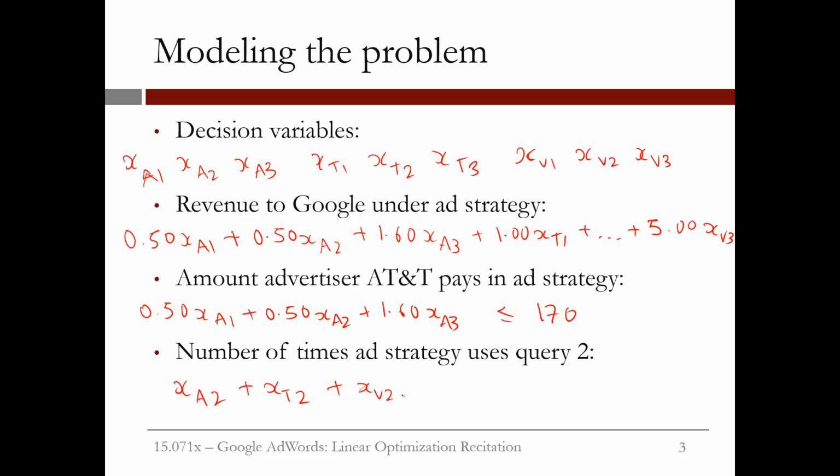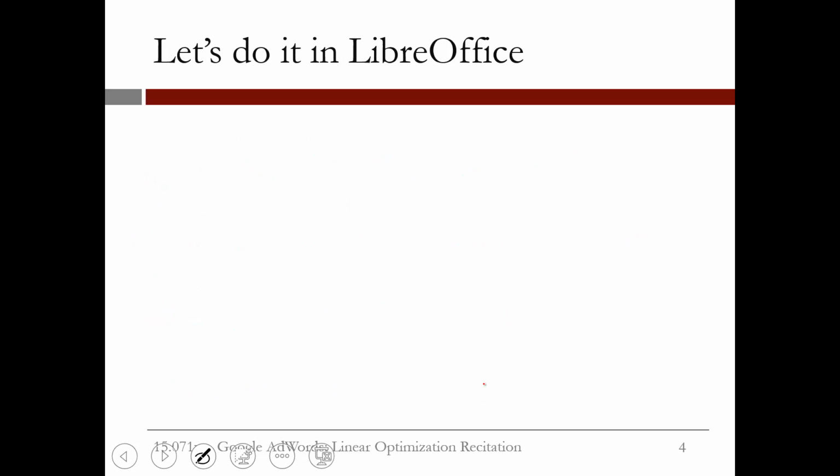Now, one of our constraints is that this cannot exceed the estimated number of requests for query 2, which is 80. So our model would have the constraint XA2 plus XT2 plus XV2 less than or equal to 80. We can do this for the other queries, query 1 and query 3. And this is all that we really need. So now, let's take this problem to LibreOffice and actually solve it.